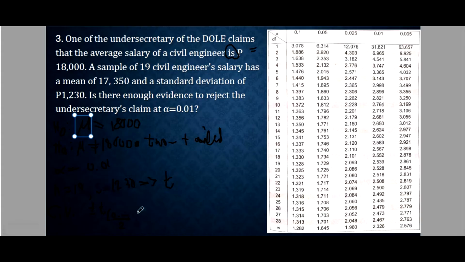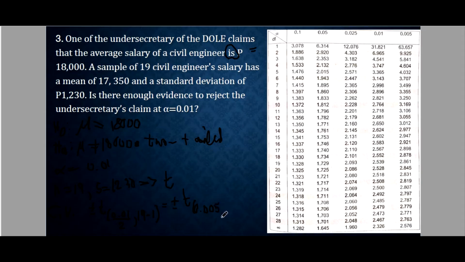Comma, our degrees of freedom is 19 minus 1. So 0.01 divided by 2 is 0.005; you may use your calculator.